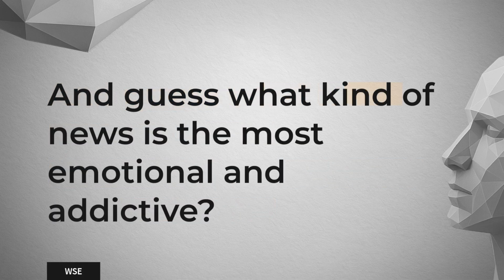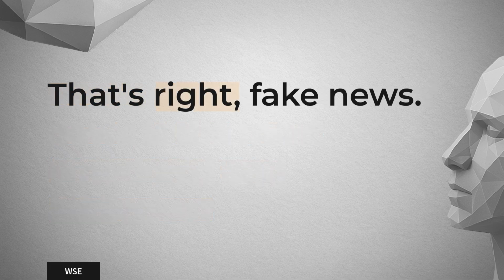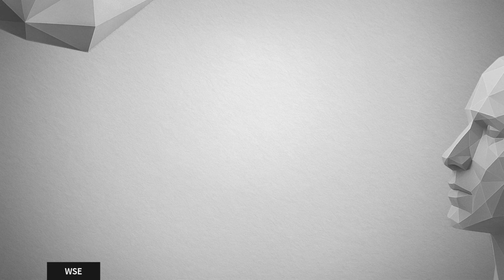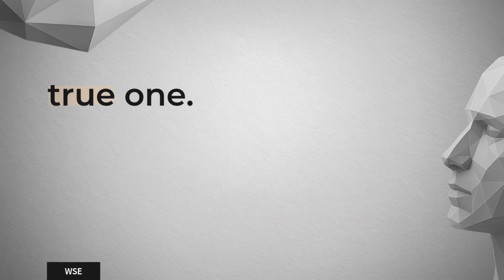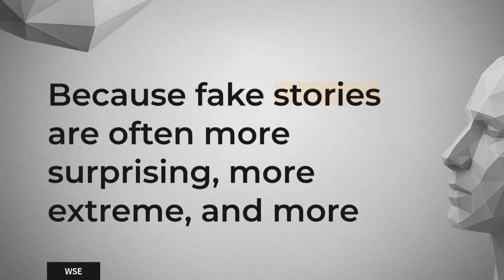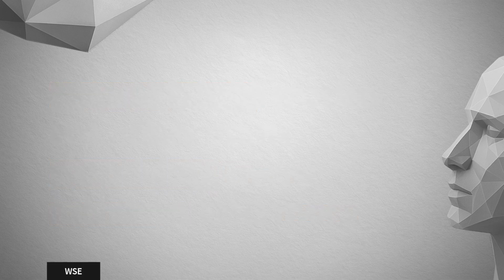And guess what kind of news is the most emotional and addictive? That's right, fake news. In fact, studies have shown that false stories spread 6 times faster on social media than true ones. Why? Because fake stories are often more surprising, more extreme, and more entertaining.